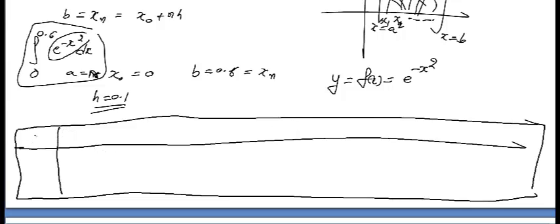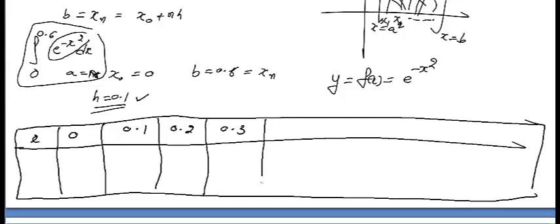The first value is x0 equal to 0, and you have taken h equal to 0.1, so next will be 0 plus 0.1, means 0.1. Next x will be 0.2, next 0.3, next 0.4, next 0.5, and the last x will be 0.6.